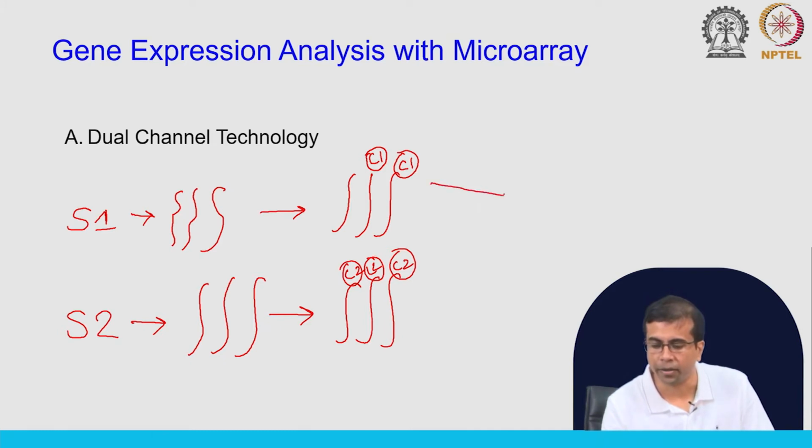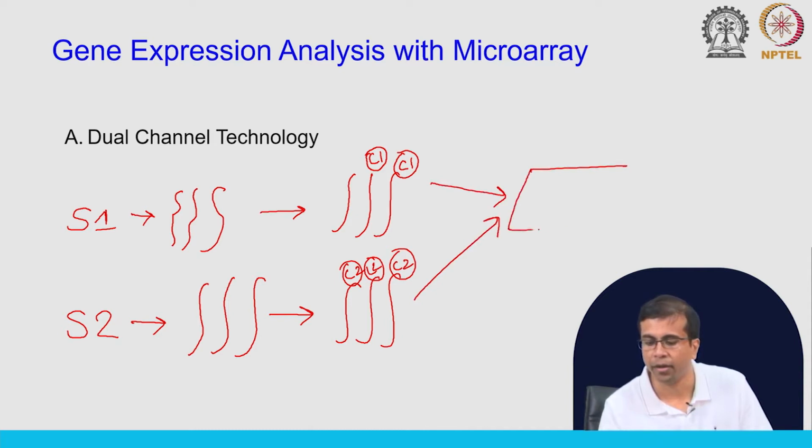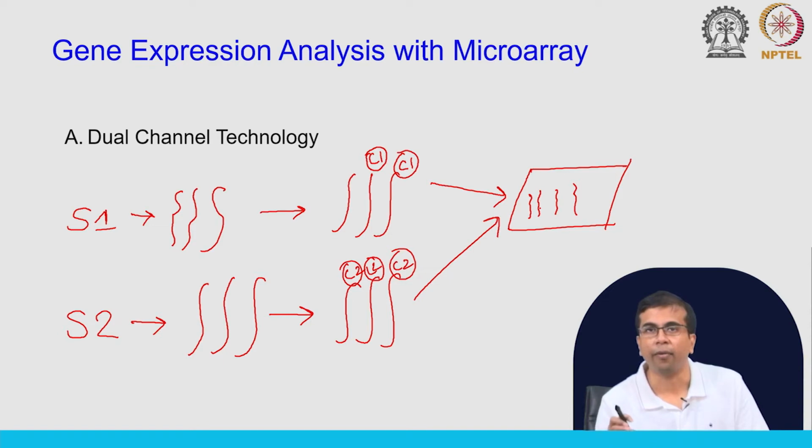What then happens is that we mix these two samples and hybridize against the microarray chip. In the microarray chip, if you remember, we have these probes already attached. So, these cDNA molecules will go there and hybridize. If you have higher expression of a gene in S1, you will see that color 1 will dominate. If color 1 is red, you will see red color coming from this region.